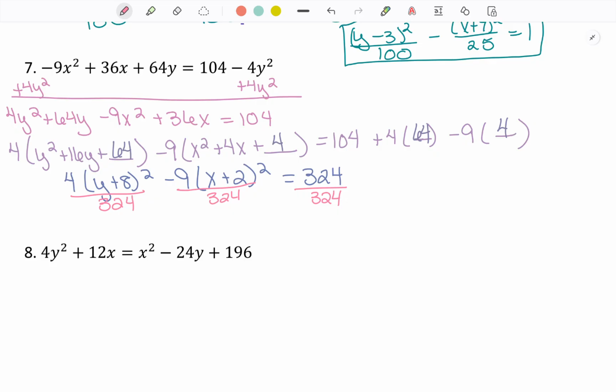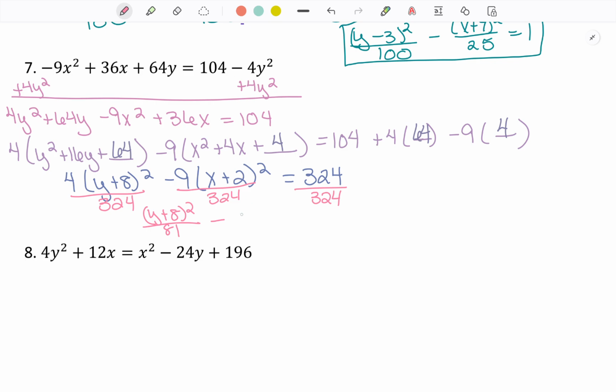So 4 over 324 reduces to y plus 8 squared over 81 minus, and then the 9 over 324 reduces to 1 over 36.